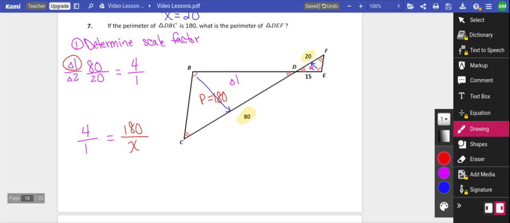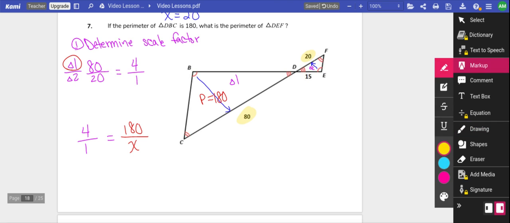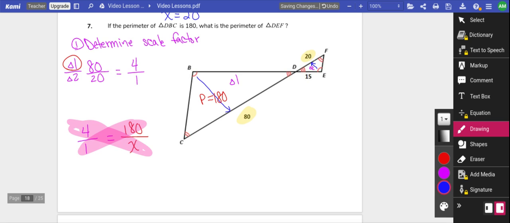And I'm going to put an x on the bottom. And now I'm going to use cross multiplication. 4x is equal to 180. If I divide both sides by 4, I get that x is equal to 45.